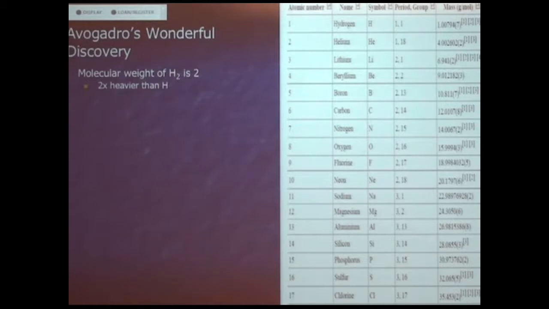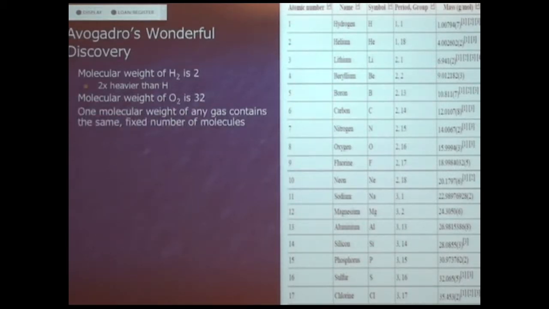Okay, so it's 2 times heavier than hydrogen. And similarly, the molecular weight of oxygen, O2, is not 16, but it's 2 times 16, because there are 2 combined together, so it's 32. We don't have his discovery yet. That's just common sense, right, from the table.